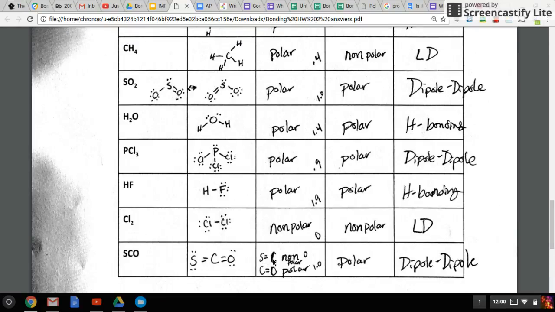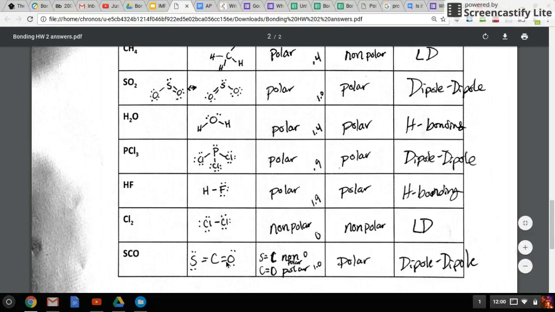The sulfur-carbon bond is nonpolar and has no electronegativity difference between those atoms, but the CO bond is polar, and quite a bit so. That means that oxygen's going to be pulling on the electrons not only from carbon but also from sulfur, resulting in a polar molecule overall. This would have dipole-dipole interactions.